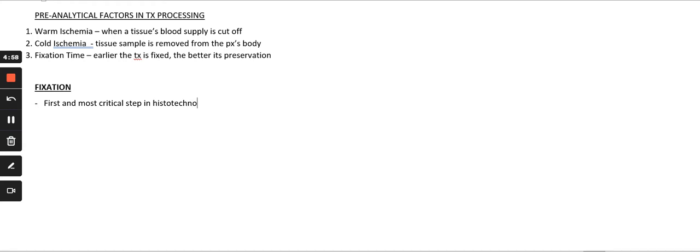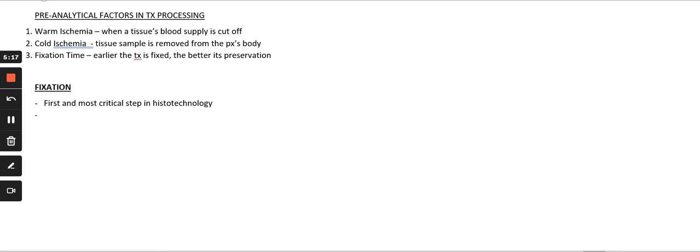Now, again, it's not your labeling, because we already established in our histotechniques, like a mnemonic, that labeling is at the end of the steps, right? So fixation is just first, it is the very first.